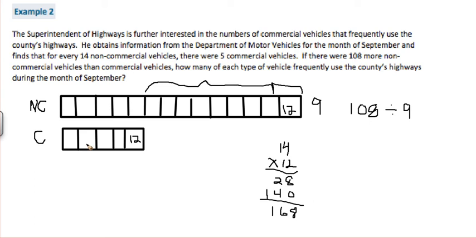And since there are 5 pieces in the commercial vehicle portion, 12 times 5, which is 60, commercial vehicles use the highways in September.